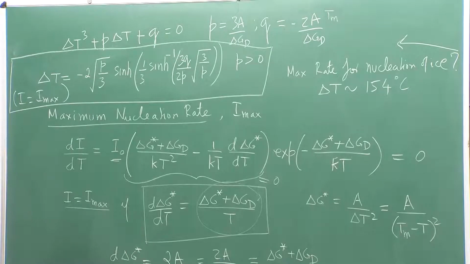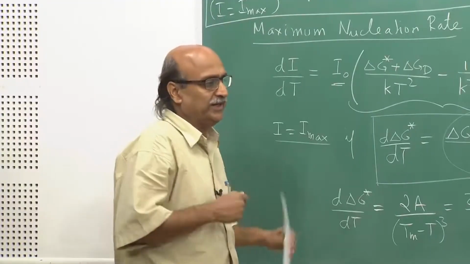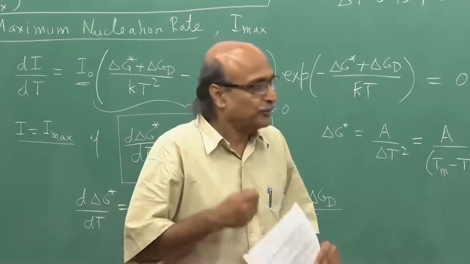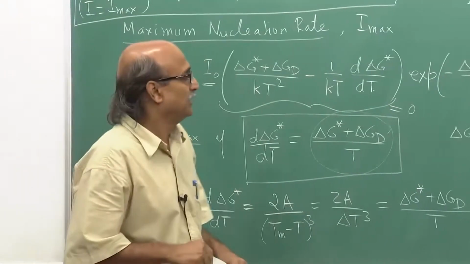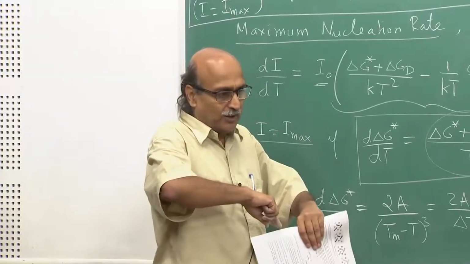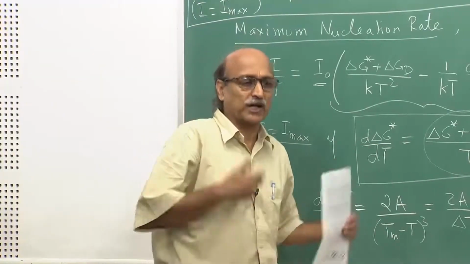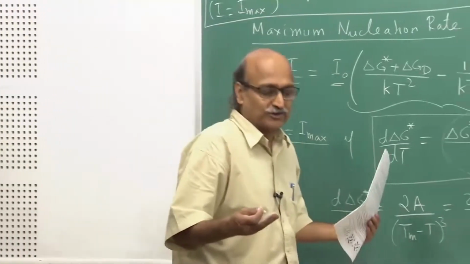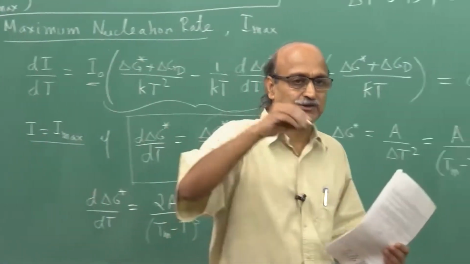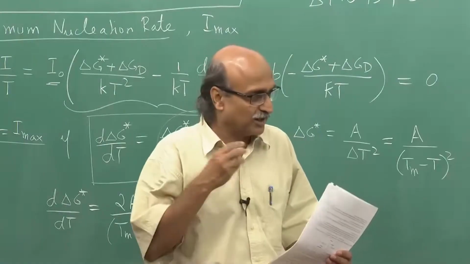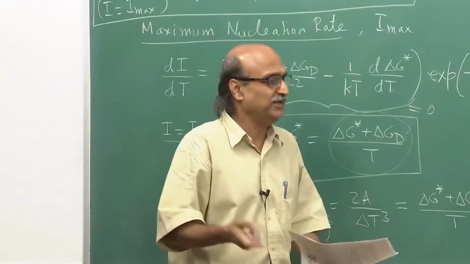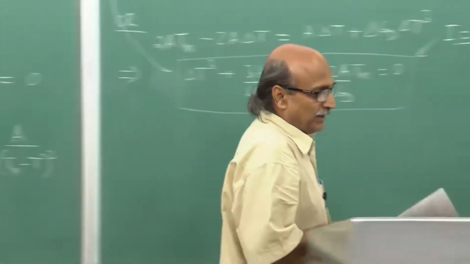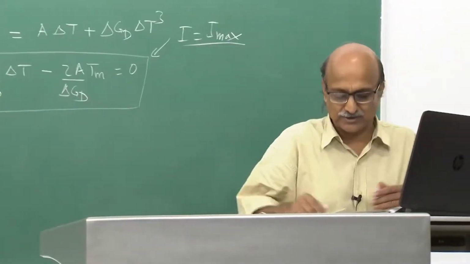So, what I will do next is, let me quickly, using a spreadsheet, calculate how does this function look like? The nucleation rate function, that how the nucleation rate changes with the undercooling, and it is very easy to do using a spreadsheet like Microsoft Excel.